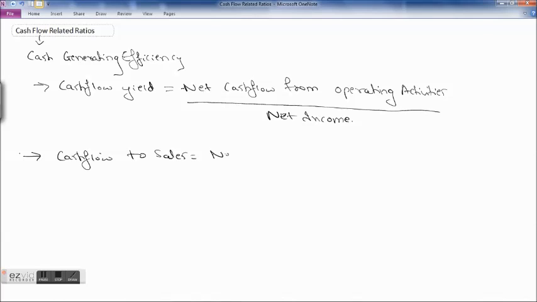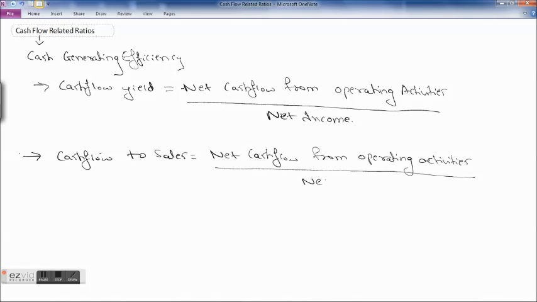So it will be net cash flow from operating activities divided by your net sales. It will show you how much is the cash flow from your operation divided by your net sales, total sales for a given period.